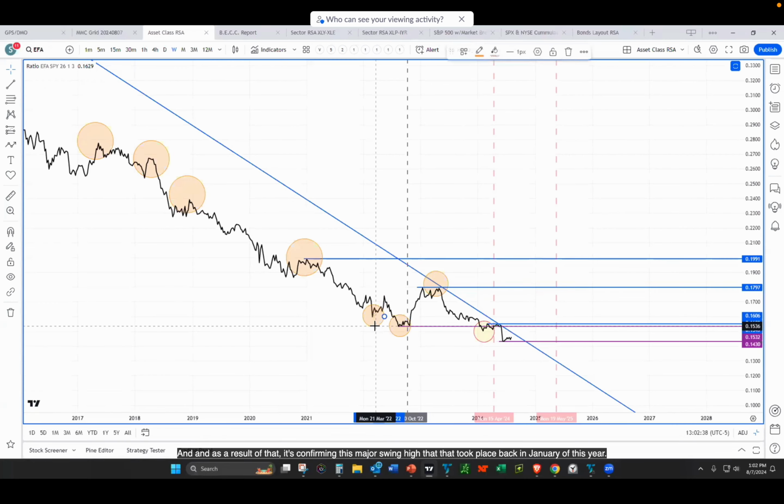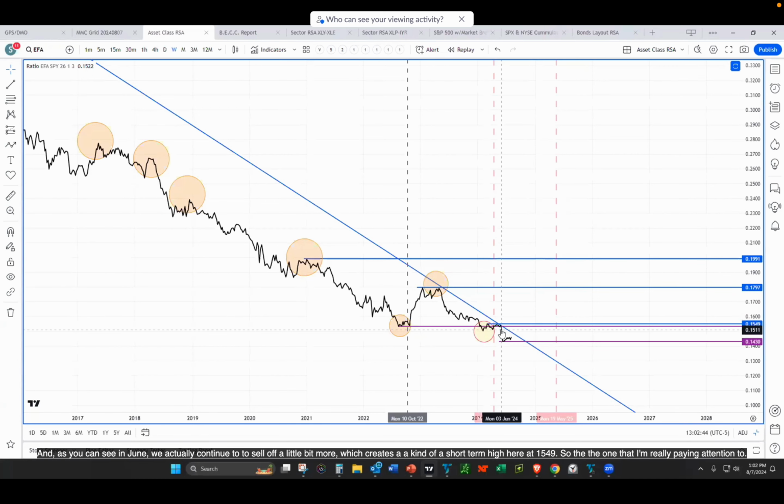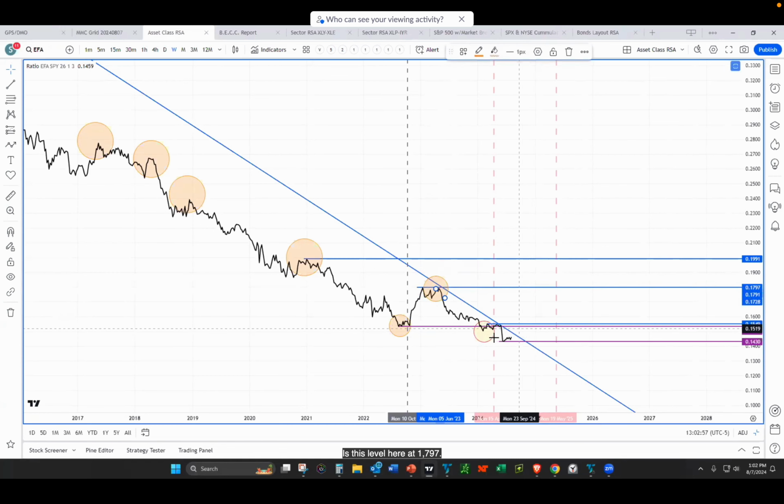And as a result of that, it's confirming this major swing high that took place back in January of this year. And as you can see in June, we actually continued to sell off a little bit more, which creates a kind of a short-term high here at 1549. So the one that I'm really paying attention to is this level here at 1797.